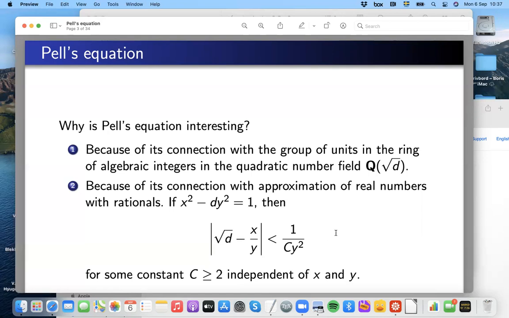This approximation of real numbers by rational numbers is a big area as well. It's related to proving that certain numbers are non-algebraic, do not satisfy algebraic equations. And there are a lot of open questions in this area you've probably heard of.